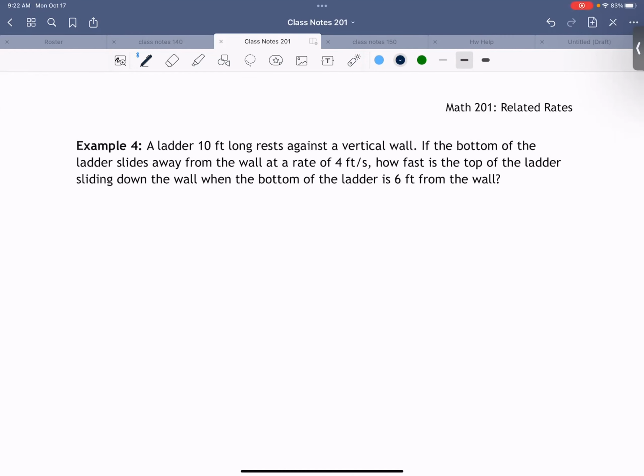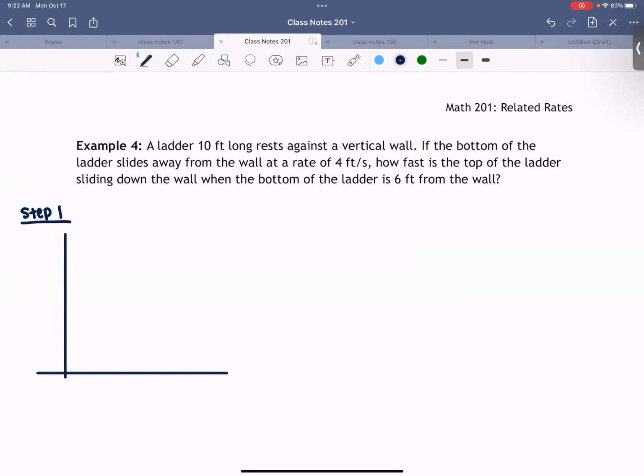Okay. So step 1. Oh, I think I see where you're going. I wrote step 3 instead of step 1. All right, so first let me draw my wall and maybe the floor, okay? So we got a wall and the floor.